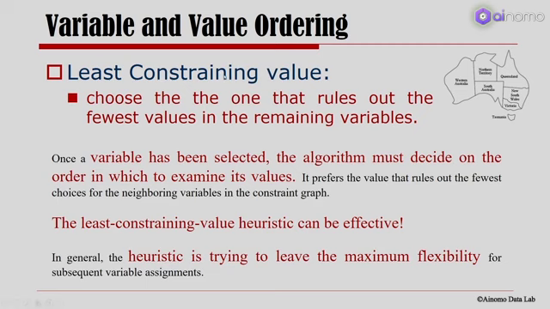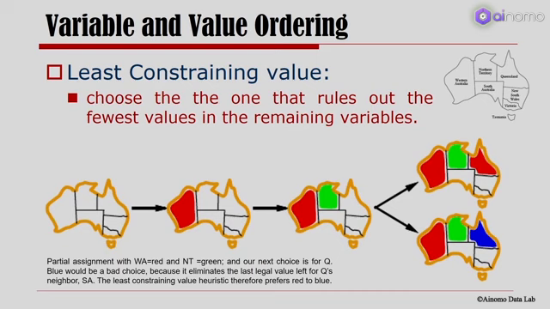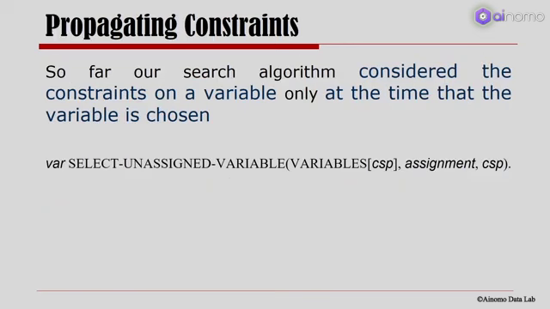So the least constraining value heuristic prefers to color Q red rather than coloring it blue. So far, in the search algorithms that we have considered, the constraints only looked at the variable when it is chosen.